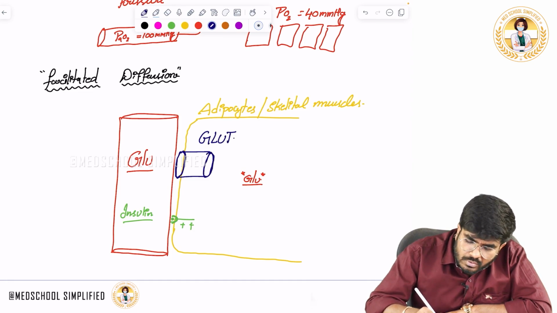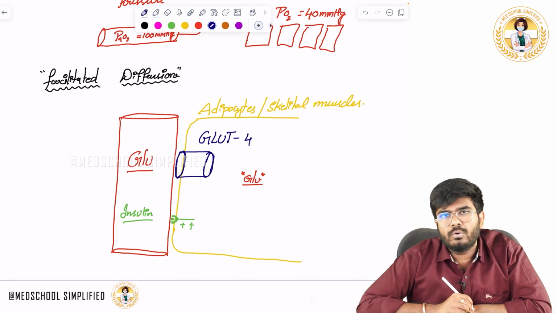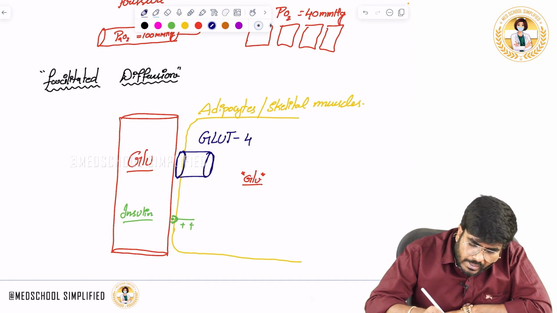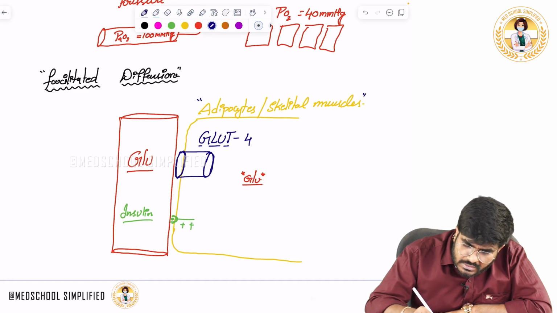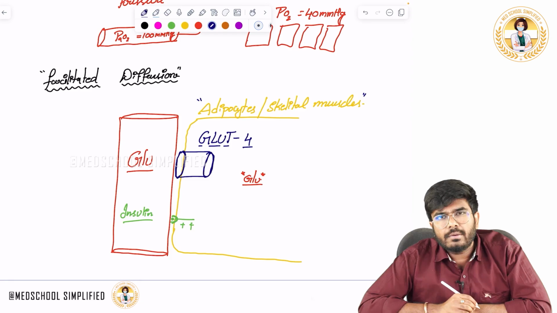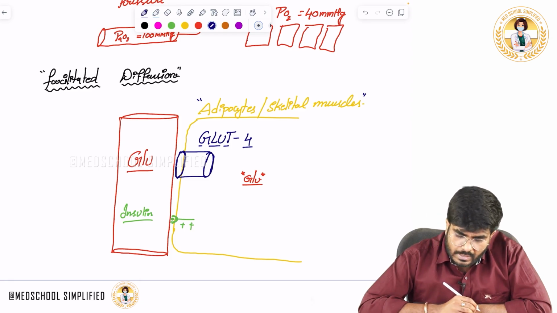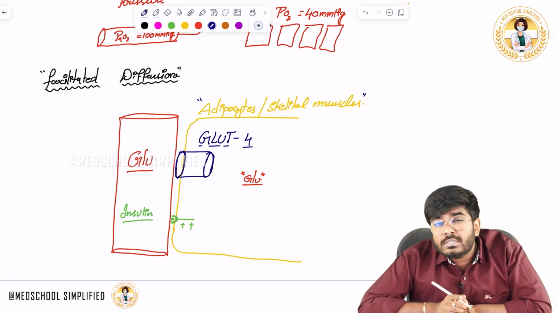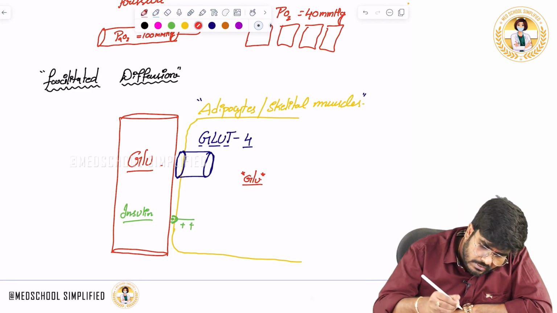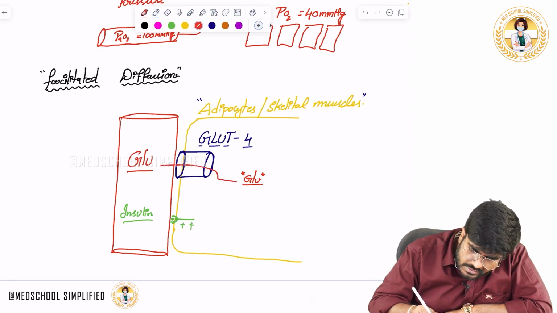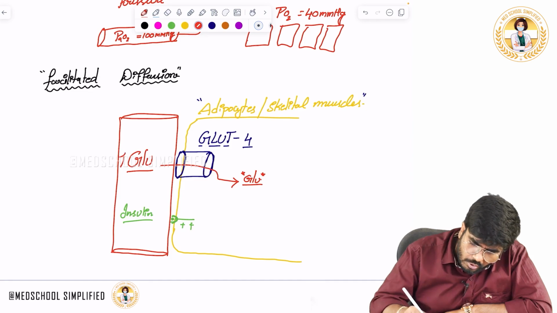GLUT, glucose transporter. There are different types of glucose transporters. On adipocytes and skeletal muscles, there is glucose transporter type 4. Only through this glucose transporter will the glucose molecule enter into the cell from high concentration to low concentration.